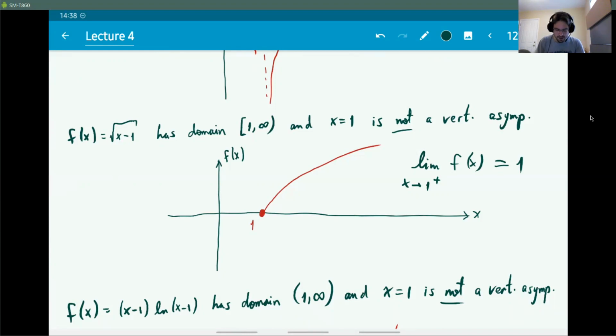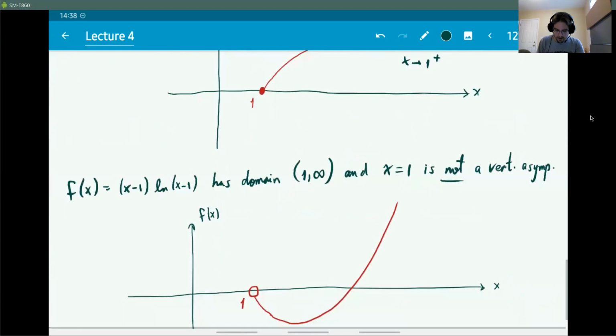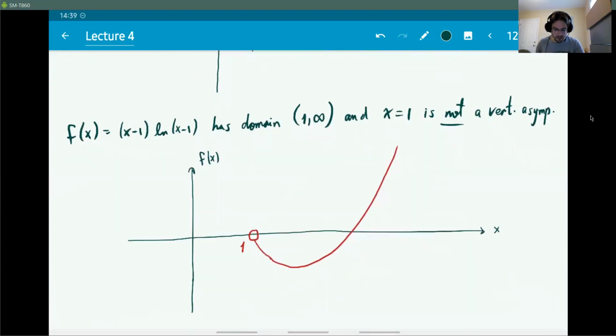Right, so if the function has a value, if it is defined, then you don't have a vertical asymptote. And finally, an example where even though the function is undefined, it does not have a vertical asymptote. The function in this case is x minus 1 times ln of x minus 1. If you want to graph this function using a computer, you will see it looks like this.